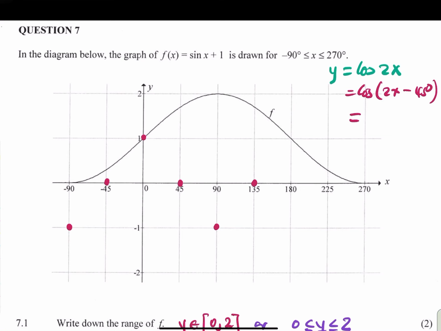And then for 180, it's cos 360, which is 1, I believe. So 180 is going to be 1 there. And then for 225, let's check that. 225, we get a 0. And then for 270, the last one, we get negative 1. So it's a matter of connecting this situation there.